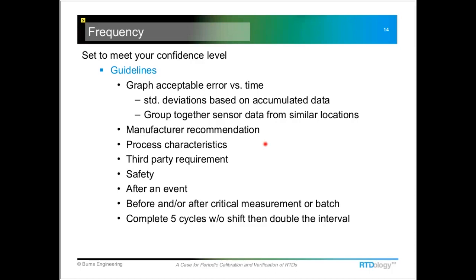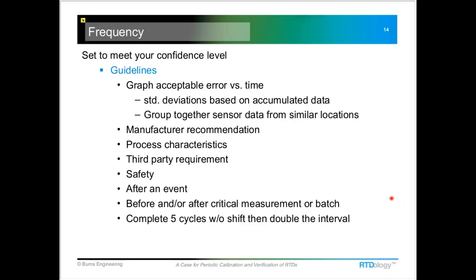Again, manufacturers can generally make some pretty good recommendations, most likely a rather conservative number, as to calibration frequency based off of the process characteristics. And then there's always the third-party requirement.